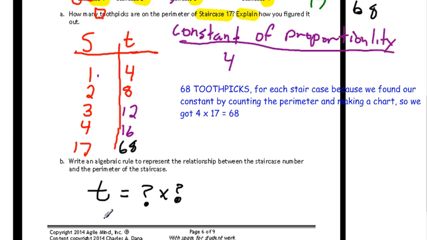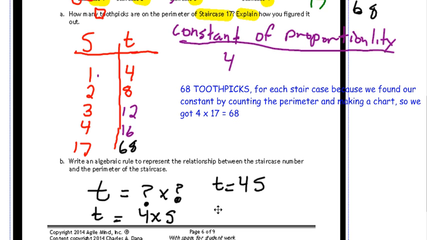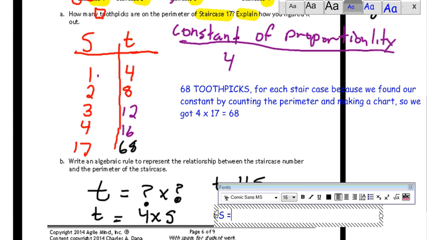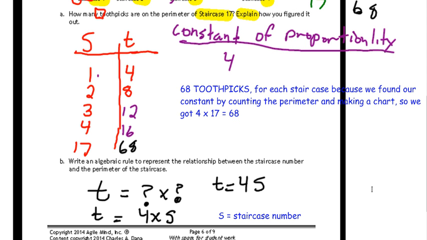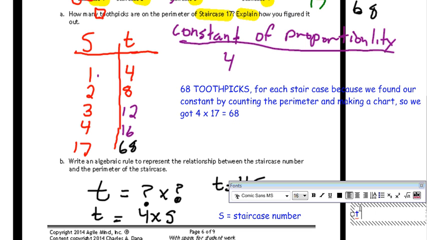Well, we know T equals 4 times S, or we could say T equals 4S. And S equals staircase number, and T equals number of toothpicks.